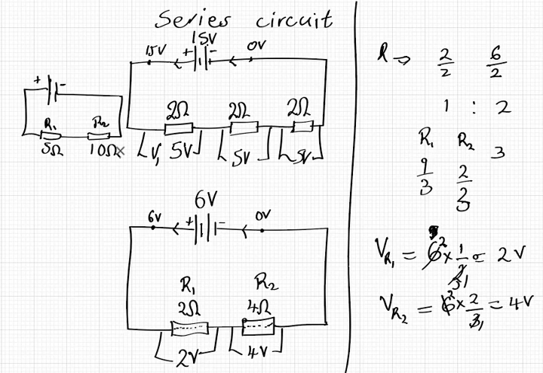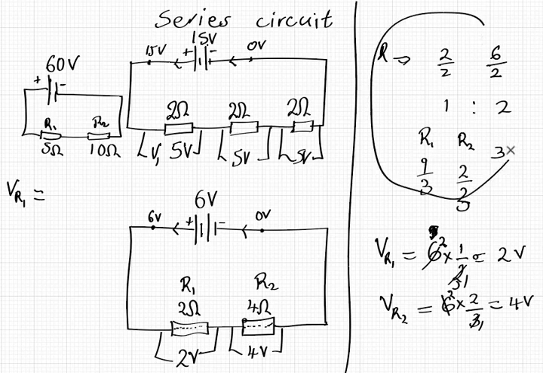Then I will choose 60 volts. And then let's calculate as before. V for R1. We can see that 5 is half of 10, 2 is half of 4. So the ratio is still the same, really.